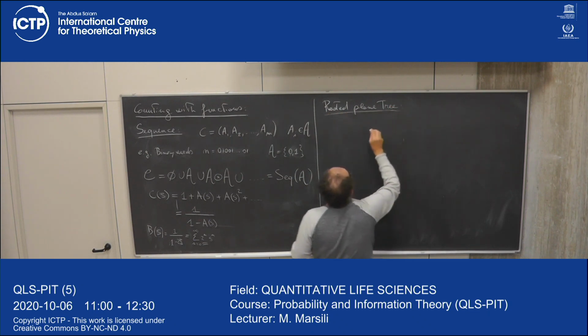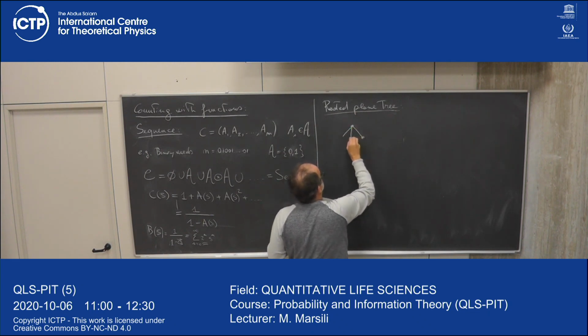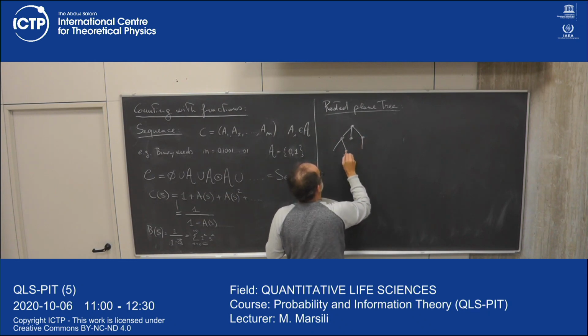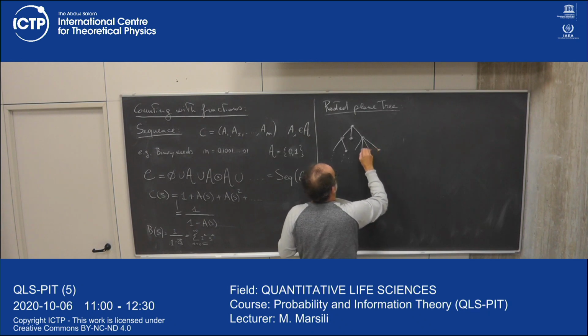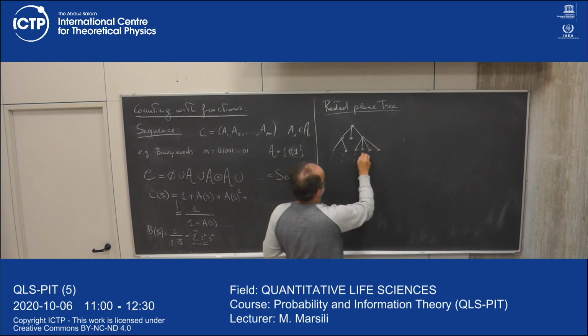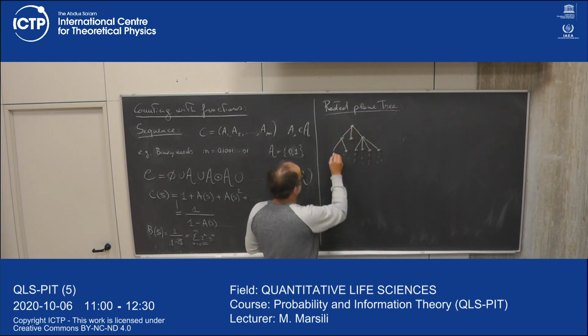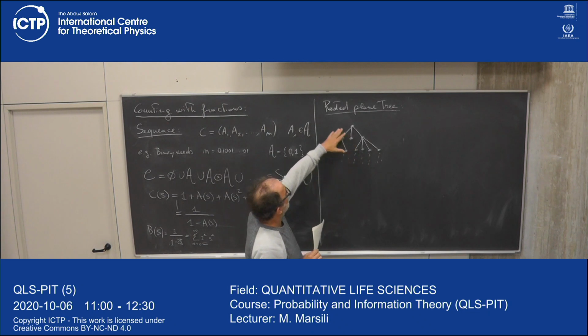A rooted plane tree is a tree that starts from a root, and then it branches to other nodes, etc. It is a tree in the sense that it is a graph without loops, and it is rooted because it starts from a root.